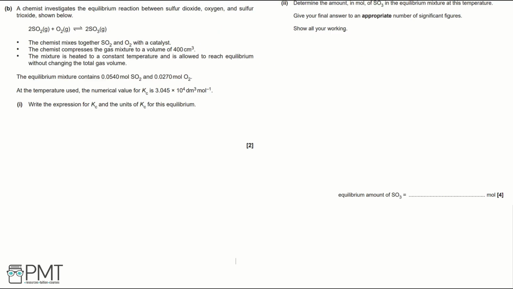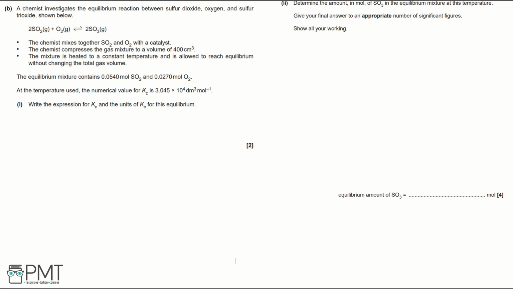Part B. A chemist investigates the equilibrium reaction between sulfur dioxide, oxygen, and sulfur trioxide, shown below. 1. The chemist mixes sulfur dioxide and oxygen with a catalyst. 2. The chemist compresses the gas mixture to a volume of 400 centimeters cubed. 3.